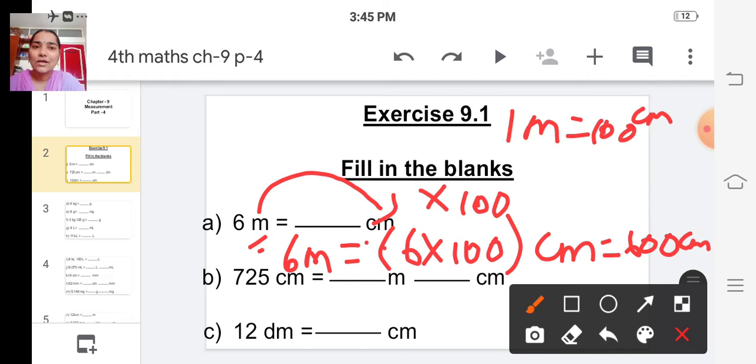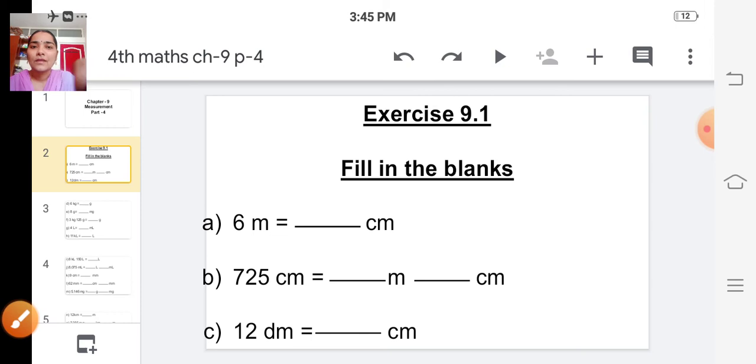The answer is 600 centimeter, because 1 meter is equal to 100 centimeter. To convert meter into centimeter, we have to multiply by 100.